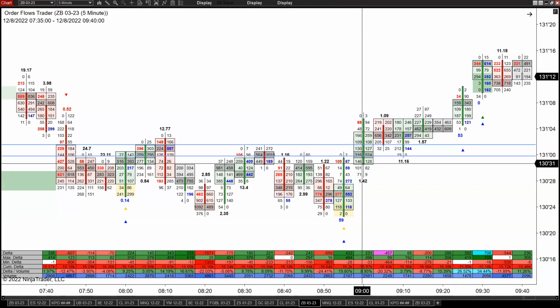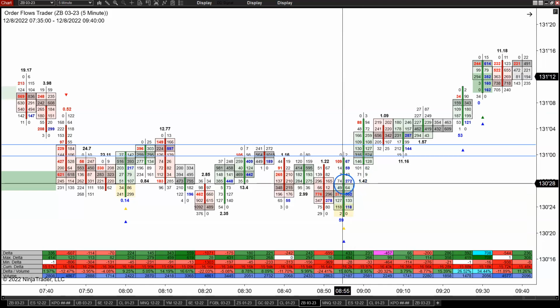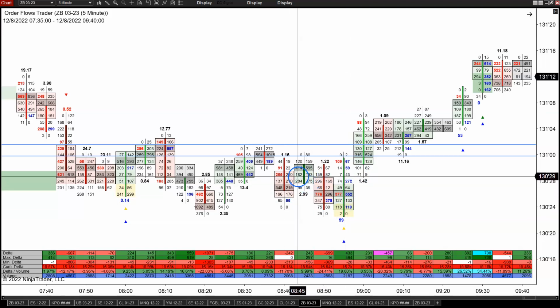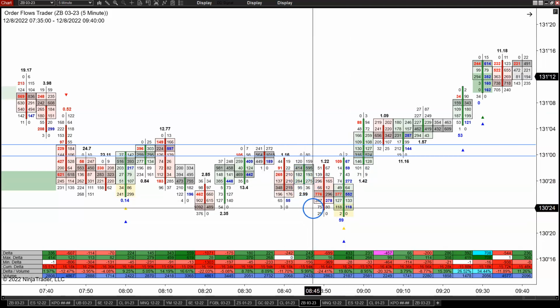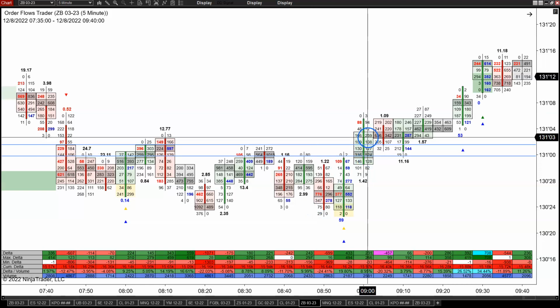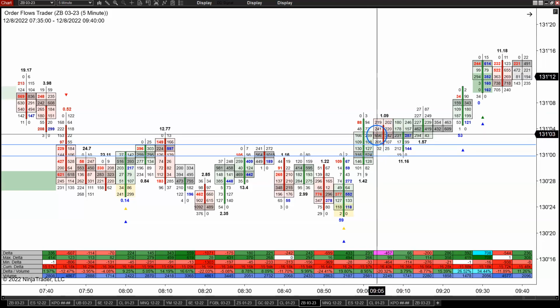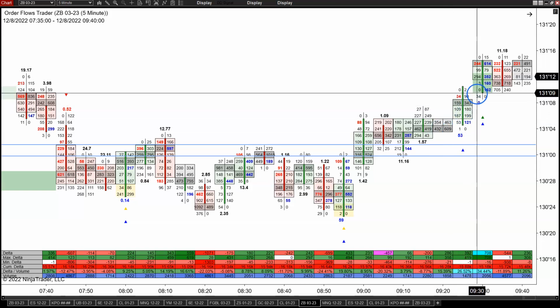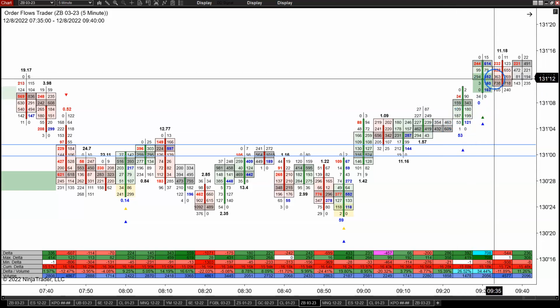This is a way to see gaps between bars. So all of a sudden, you're forming your balance area down here between, we'll call it 29 and 24, and all of a sudden we gap out of that area. What do you think that's going to be? That's bullish. And you can see the market starts forming a new balance area higher, and it just starts going higher. The value areas start going higher.